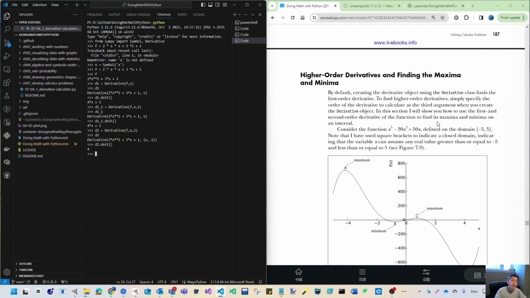The first order measures the rate of change of f compared to x, and the second order is the rate of change of the first order's derivative result. In physics, the first order applied to distance or length gives the velocity, and the second order is the acceleration.